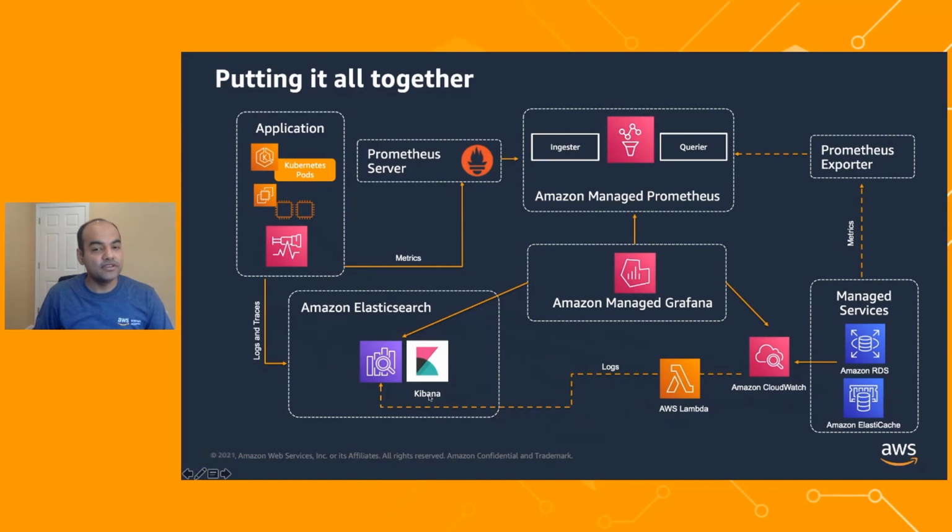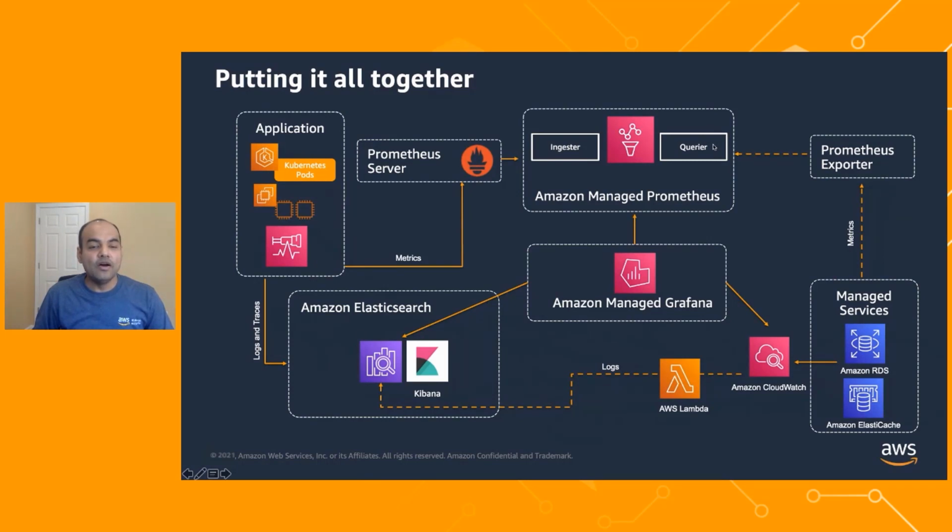This is optional, because in Grafana you can have CloudWatch as a data source. But if you want all your logs in one place, you can ship CloudWatch logs using AWS Lambda to Elasticsearch Service. And you can also export all the metrics coming out of Amazon managed services like RDS and ElastiCache using the Prometheus exporter for CloudWatch and send them to Prometheus.